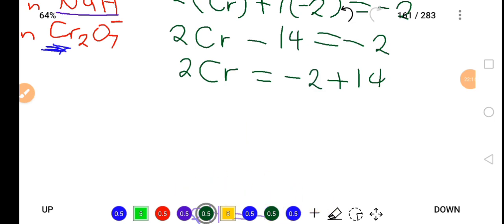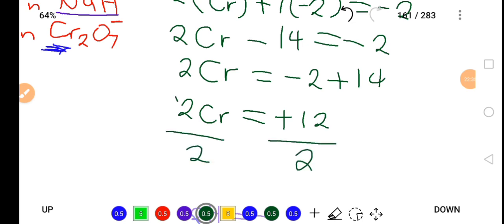It will be chromium equals +12 over 2. Chromium equals +6. Very important. Very important.